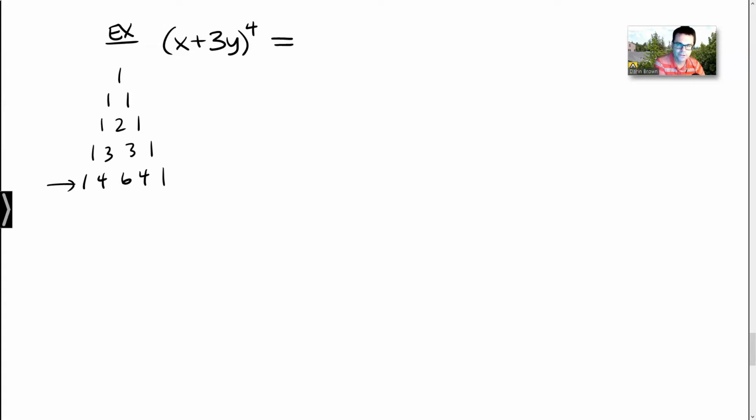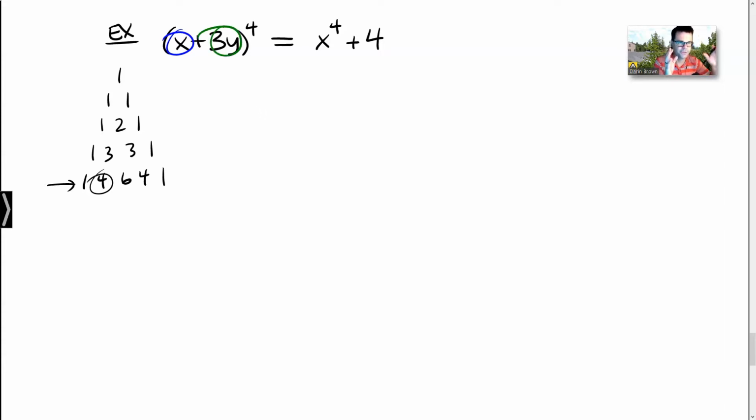So we start with x to the 4th plus, and we move along. Okay, now we're at 4, so we pick up a coefficient of 4. But now, you have to remember here that it's like first plus last, except it's not just x and y, it's x and 3y.